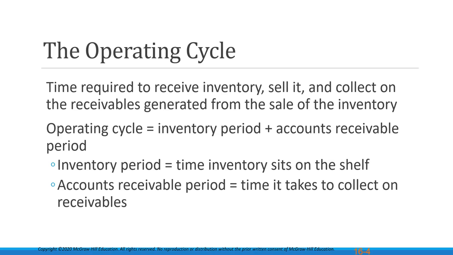We calculated inventory period and accounts receivable period in Principles of Accounting 2 and also in Chapter 3 when we talked about financial statement ratios. The inventory period is the time the inventory sits on the shelf, and the accounts receivable period is the time it takes our customers to pay us after a credit sale.